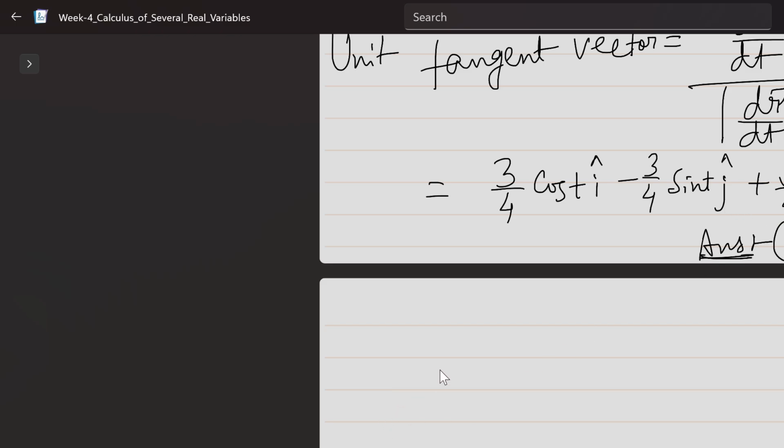Okay. There was one question asked in an interview: what does this represent? Can you tell? I wrote something in red color. It's a plane surface.